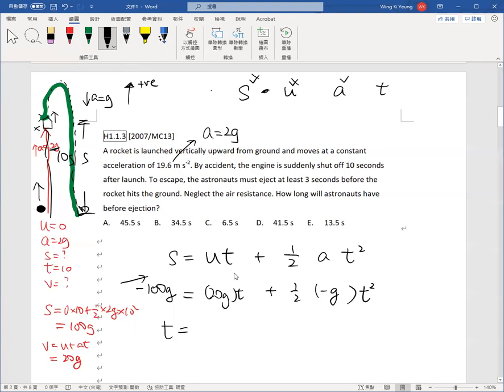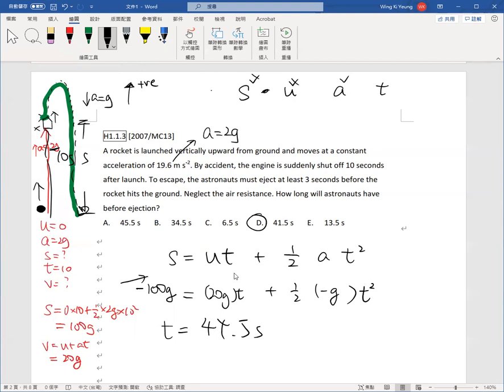One of the times you get is 44.5 seconds. Then you need to minus 3. You need to minus 3, so your answer should be 41.5 seconds.